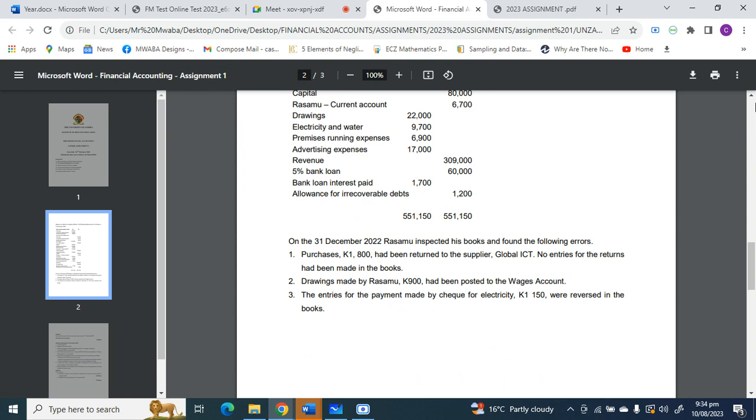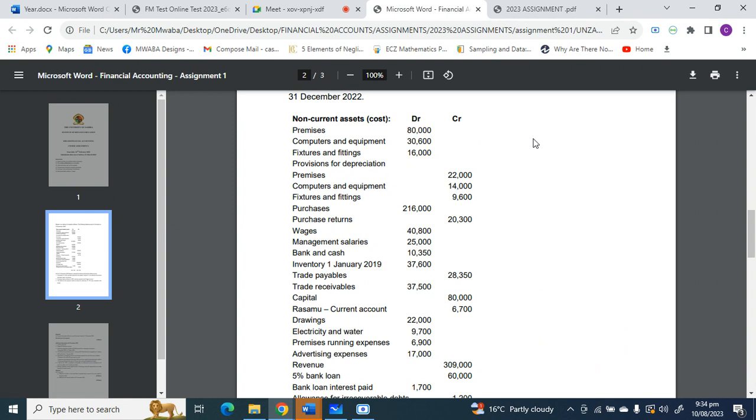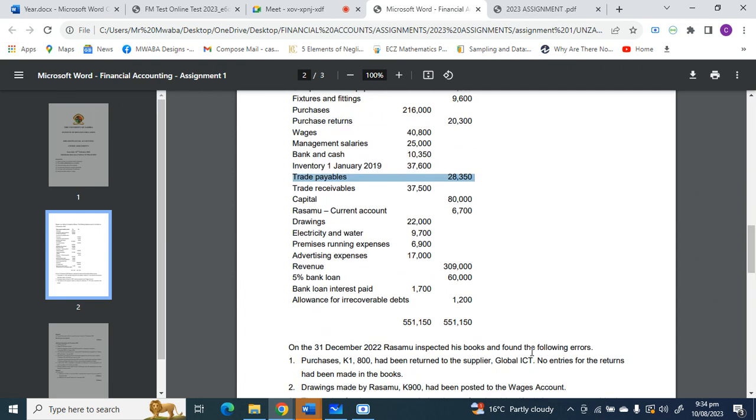Let's look for Global ICT here. We won't find Global ICT individually. They are going to be found in the trade payables. Usually in a trial balance, they don't list the payables individually, so they total them up. So Global ICT is found here.